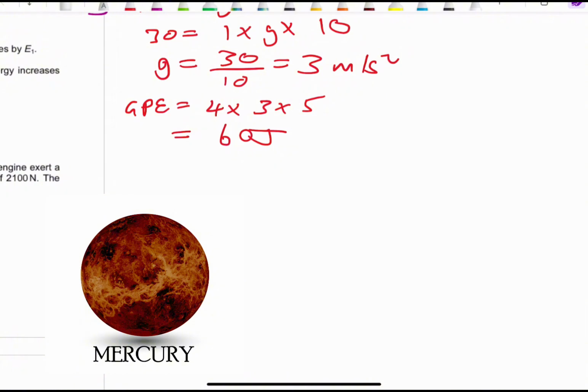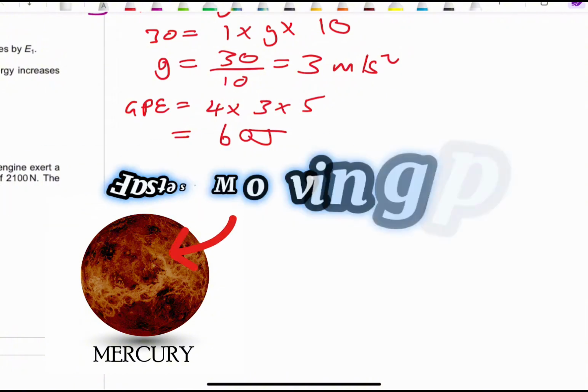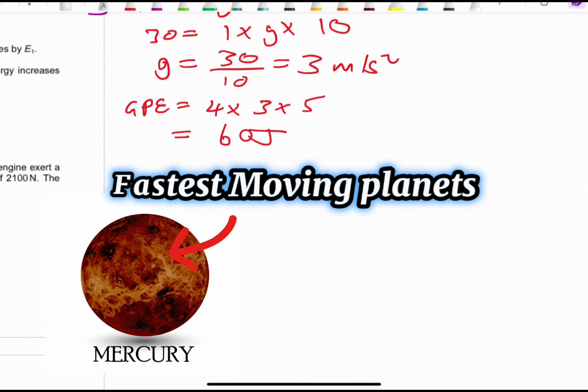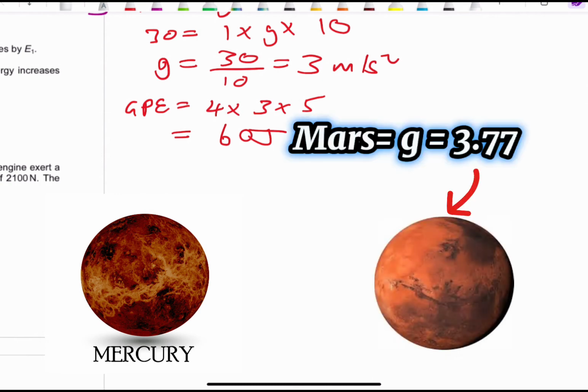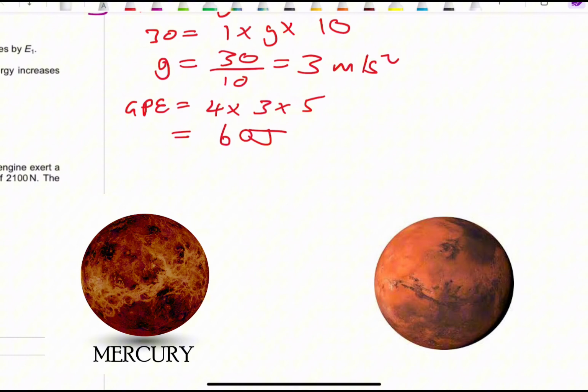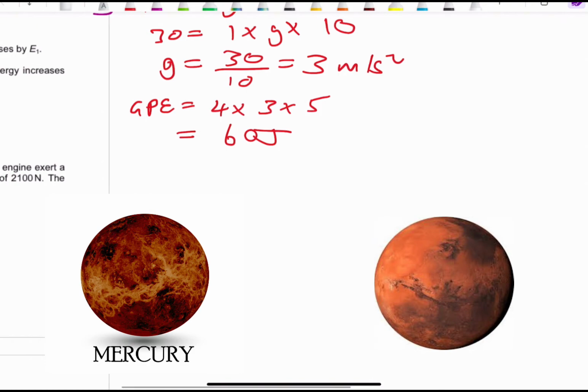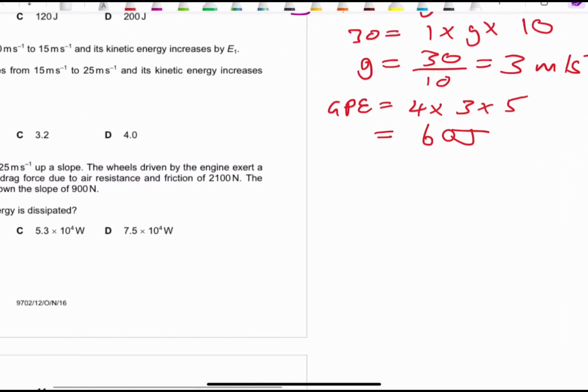It could be one of those two planets, it could be a whole new planet. It doesn't really matter. You just have to find the value of g there and then find the value of your gravitational potential energy. Very important. Move on to question number 19.